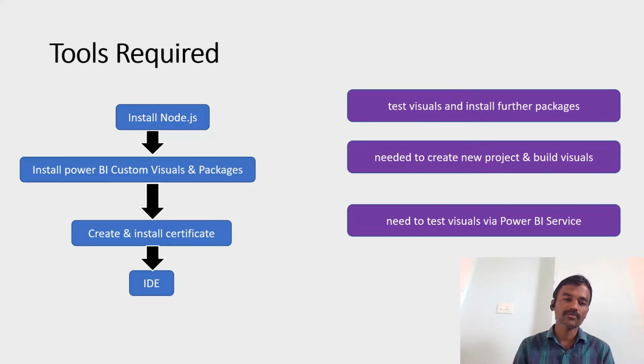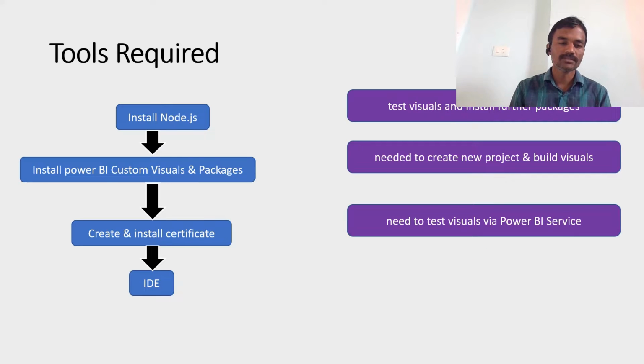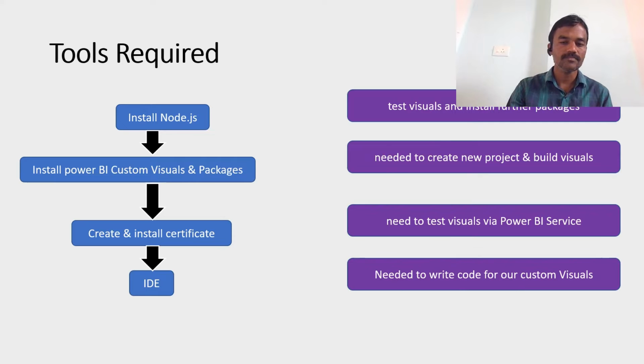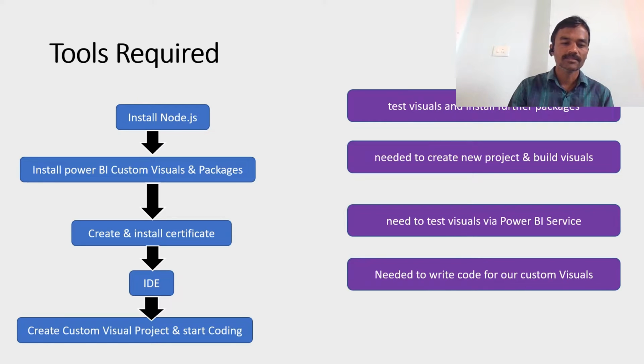Basically, we can write code in Notepad as well, but an IDE will help us write the code quickly, and it will assist us with suggestions about the code and syntax. And with the help of an IDE, we can create custom visuals projects and directly start coding.